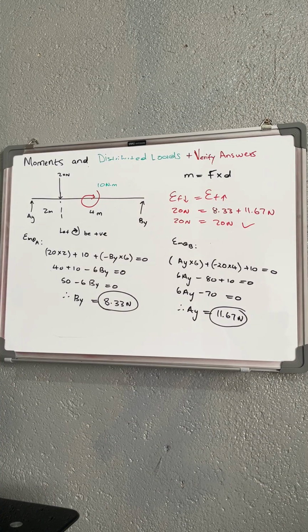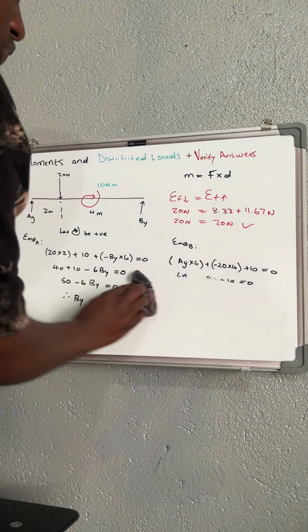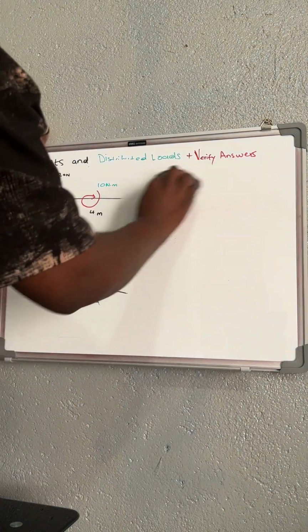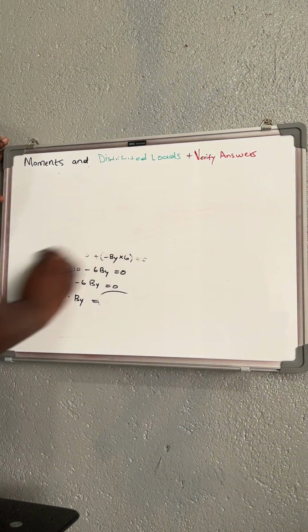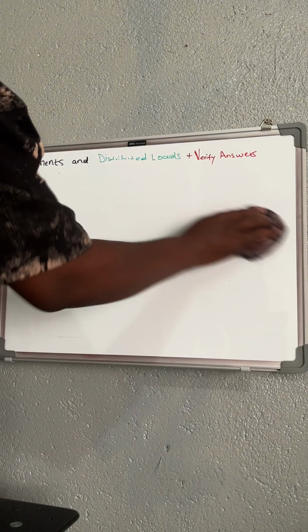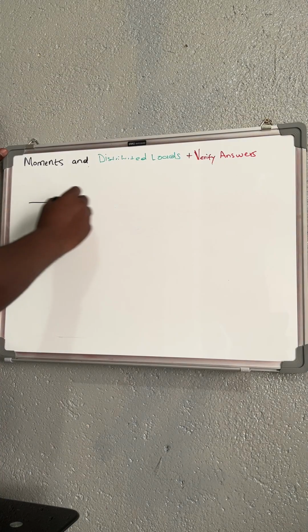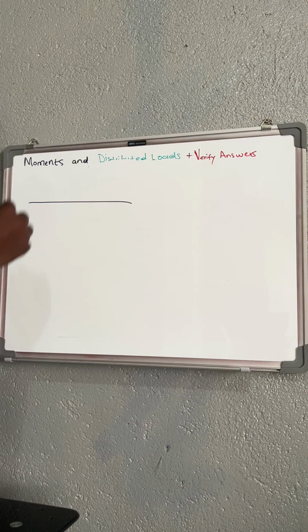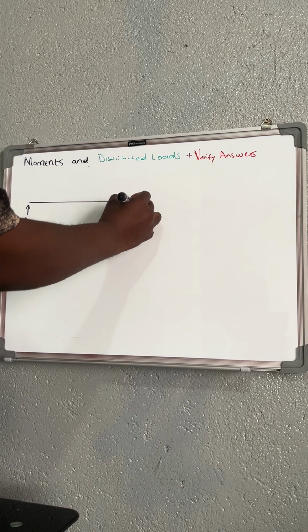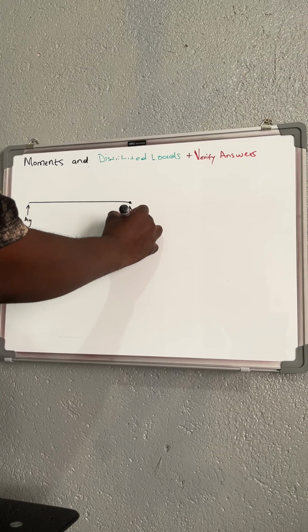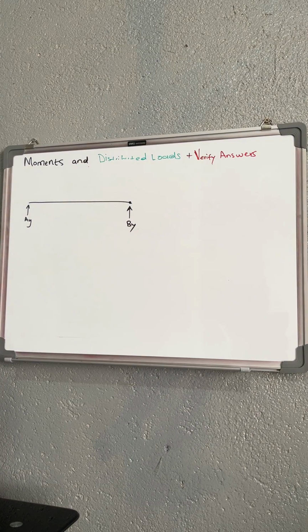So now the last one, last but not least, you're going to have ones which look like this. They're going to give you a problem and say, okay, you still have a plank. Then they give you your AY, and this side they give you your BY.